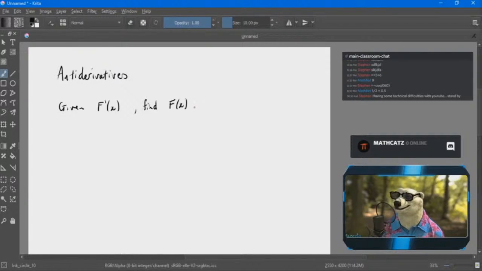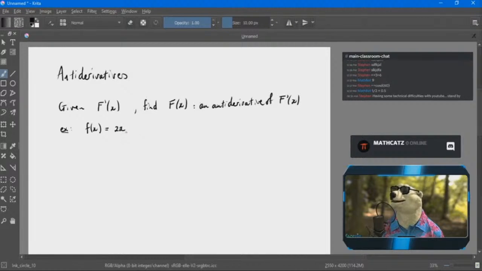This is an antiderivative of my original function. Now it doesn't matter what I call that original function. For example, I can call it f of x. Let's suppose it is as simple as possible.